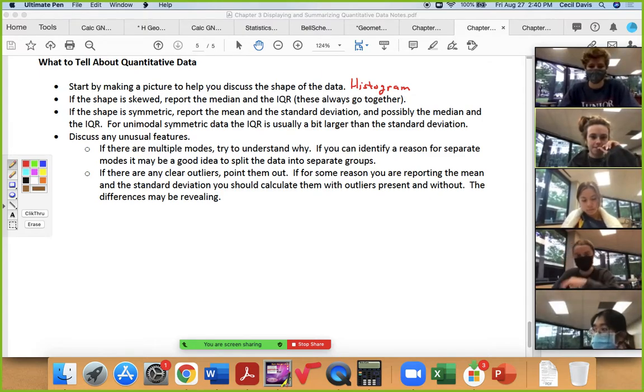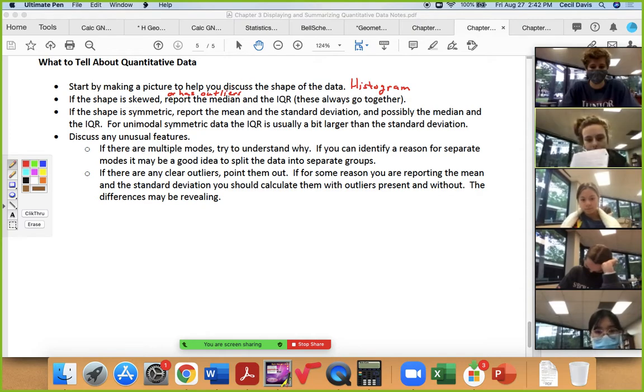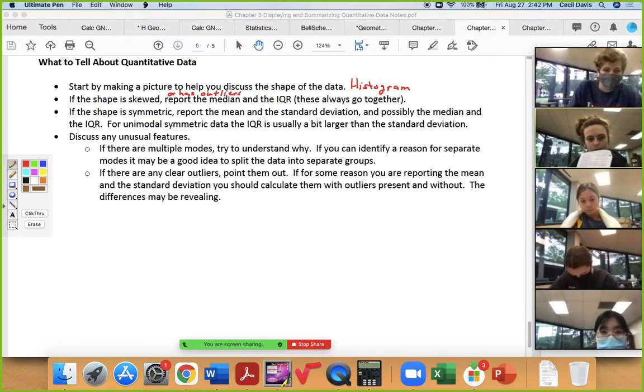If the shape is skewed or has outliers, report the median and the interquartile range. Those two always go together. You will never talk about the median and the standard deviation together. It's always median and interquartile range, and mean and standard deviation.